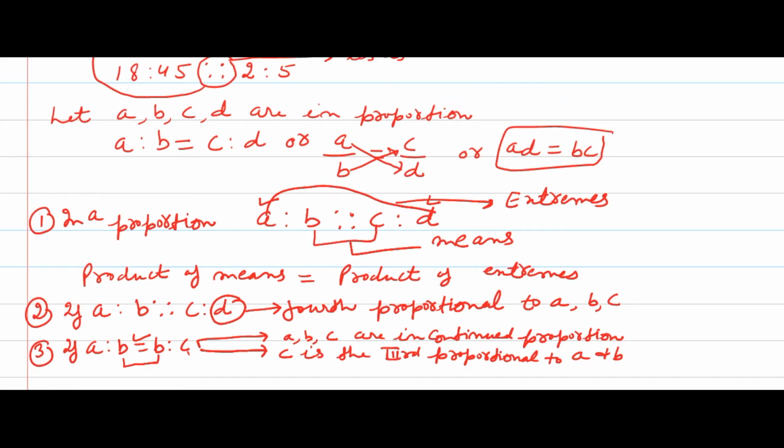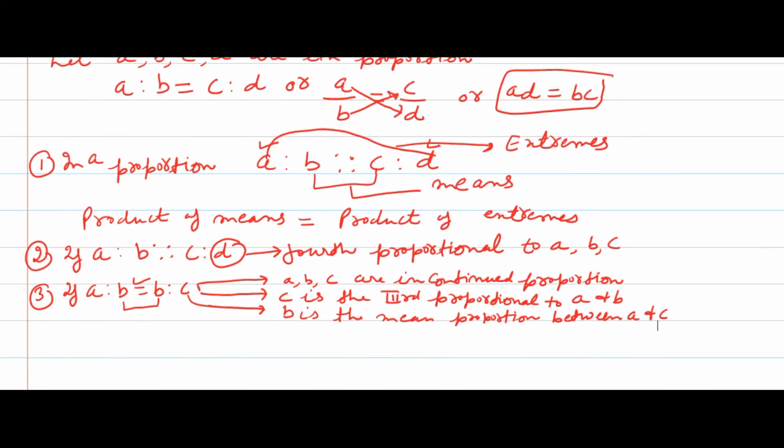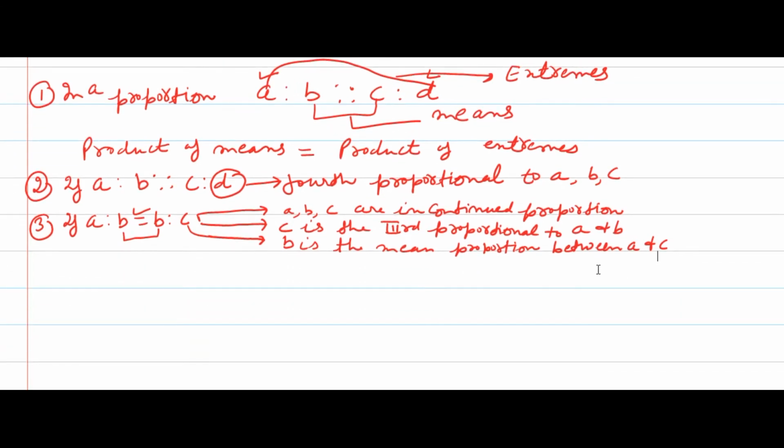Now next we get that B is the mean proportion between A and C. So what would this mean?